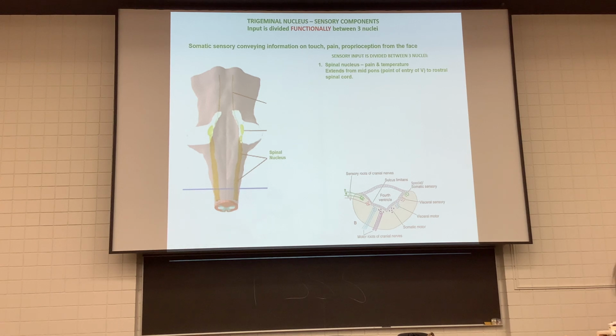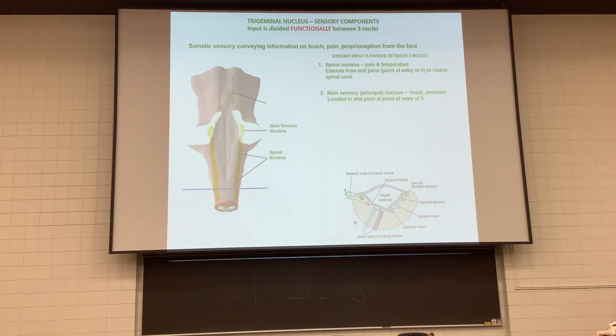And the spinal nucleus is called that because it begins here, where cranial nerve, think of this line here as being cranial nerve 5 coming in. But the spinal nucleus begins at that point, and then it descends all the way down to the spinal cord. I'm going to show you how they get there.